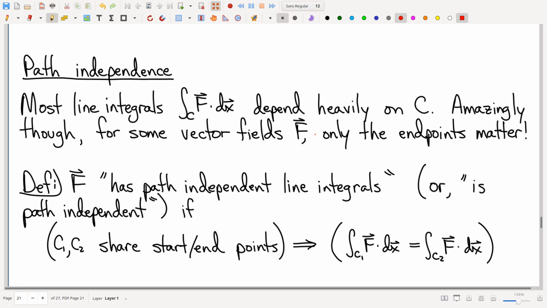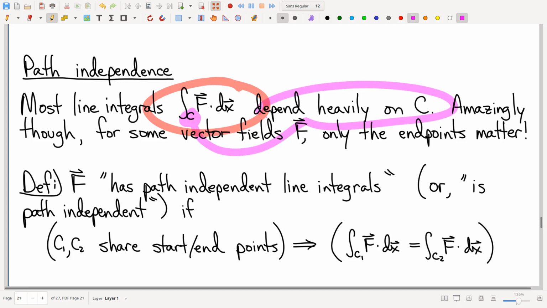So first innocent observation: if you're going to compute a line integral, it kind of matters what that curve is. Totally different curve, totally different points you're plugging in, totally different values of the vector field. Of course, you're going to get different values of a line integral if you look at a different curve. So again, I hope that's unsurprising.